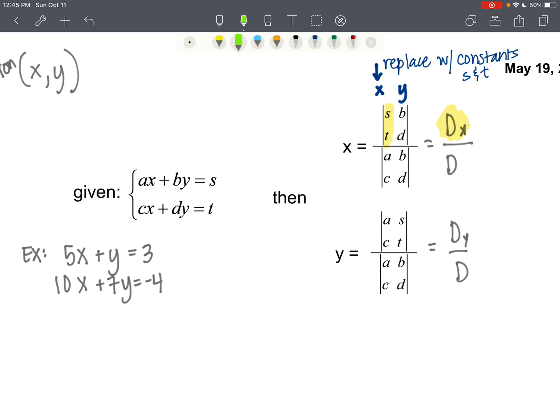And then when we want to solve for y, we replace the y column, this is your y column, and you replace the y coefficients with s and t. And then of course your determinant is going to be your x and your y.